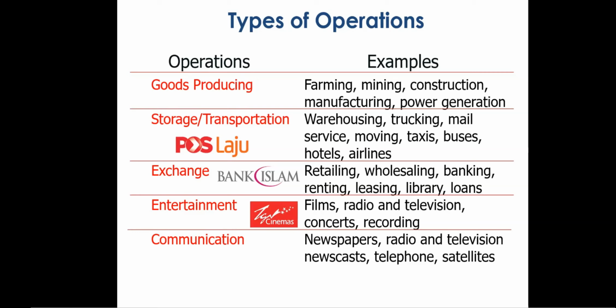And communication also falls under operation, involving radio and television, and telecommunication services such as Maxis, Celcom and so on. So sometimes we look only at goods, but don't forget the services.